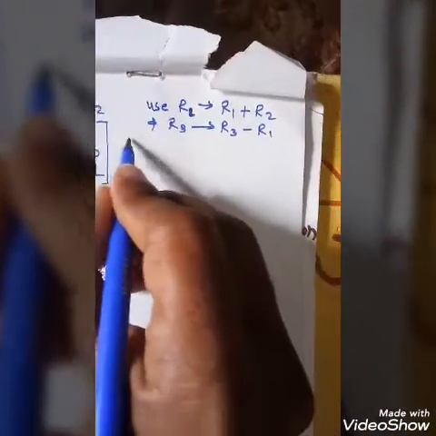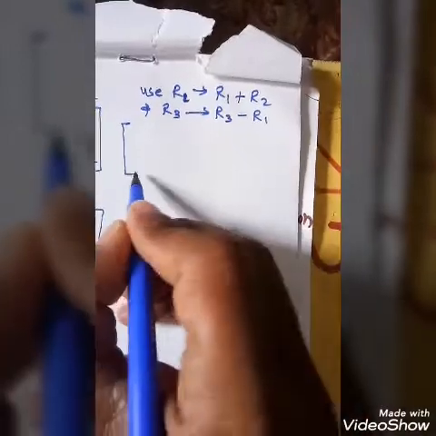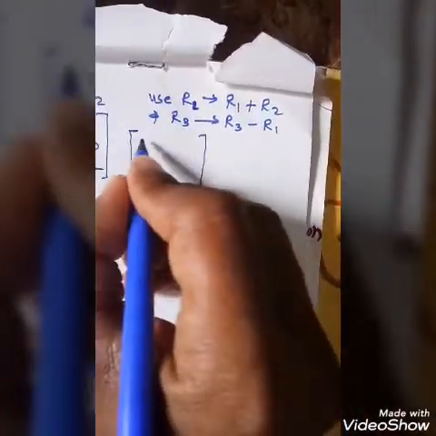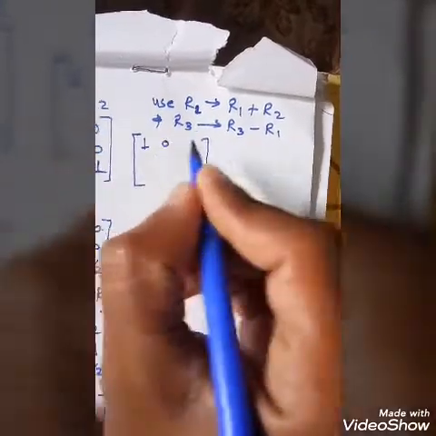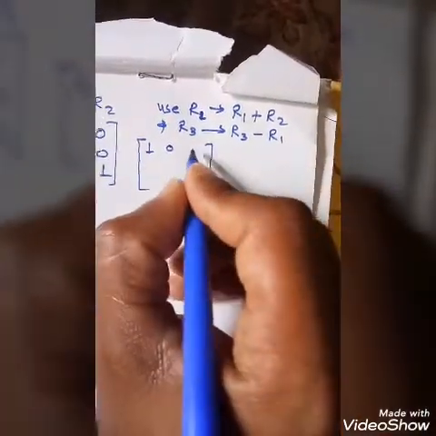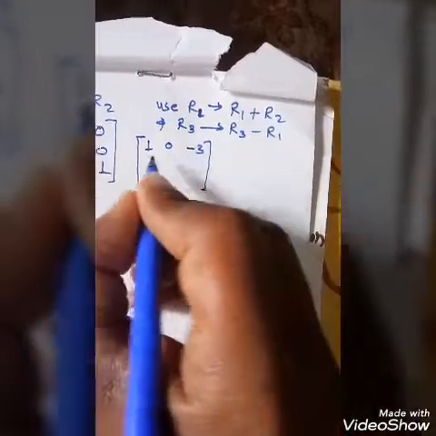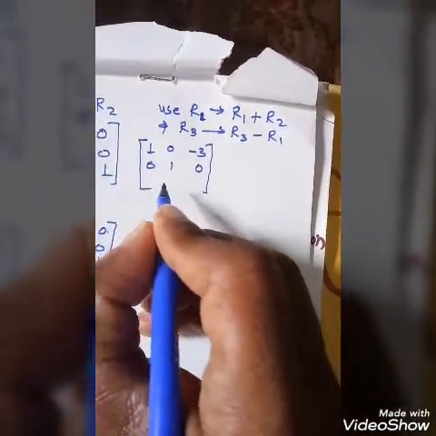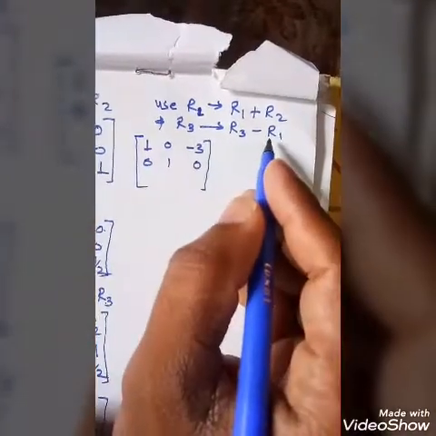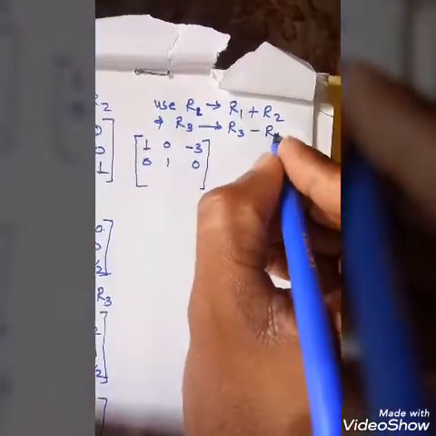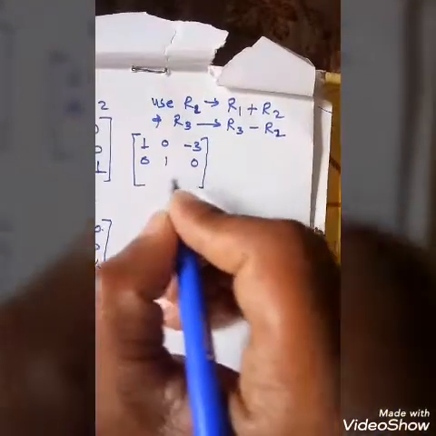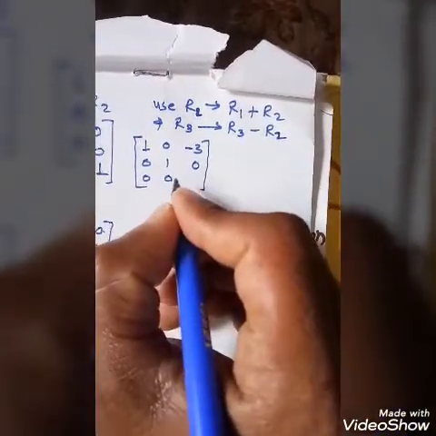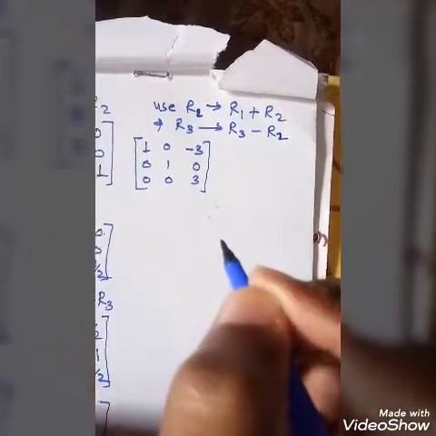फर्स्ट रोवर ऑपरेशन. 1 minus 0 1, minus 1 plus 1 0, and minus 3 0 minus 3. Our second row and third row operation R3 minus R2. 0 minus 0 0, 1 minus 1 0, and 3 minus 0 3, like this.